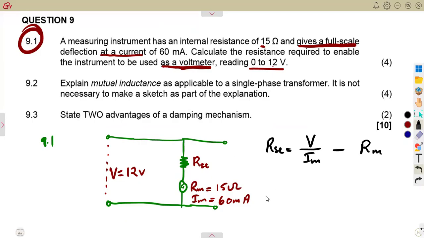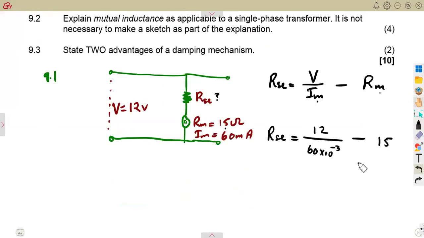So we calculate it from the voltage we are given, 12, over the current across the meter, which is 60 times 10 to the exponent of -3, minus the resistance across the meter, which is 15 ohms. By simplifying this, you obtain the resistance that will make this a voltmeter, and that was 185 ohms. Just like that.